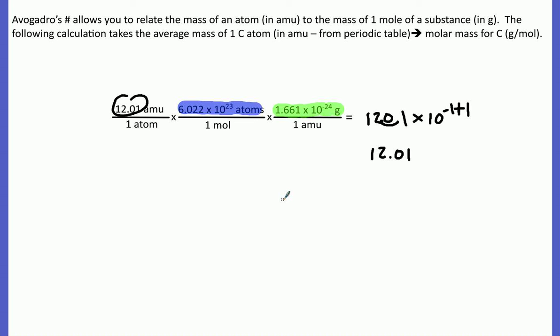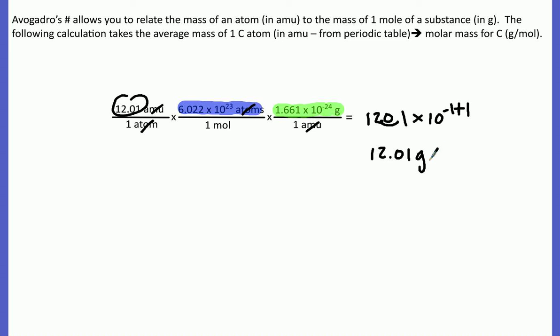The whole purpose of that 6.022 times 10 to the 23rd atoms is literally to make that 1.661 times 10 to the negative 24th go away, right? So what that effectively does for us at the end of the day is it changes AMU into grams, and it changes atoms into moles.